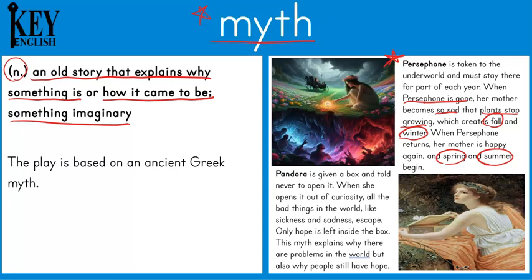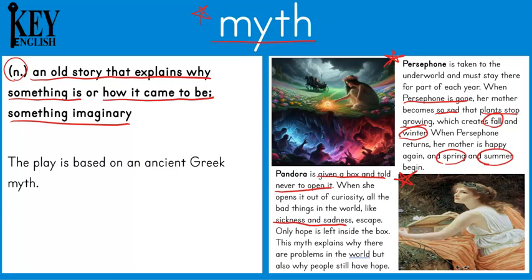Another example is the myth of Pandora. So Pandora was a woman who was given a box and told never to open it. But she opens it out of curiosity, and when she opens the box, all the bad things in the world, like sickness and sadness, escape. So it's released out of that box.